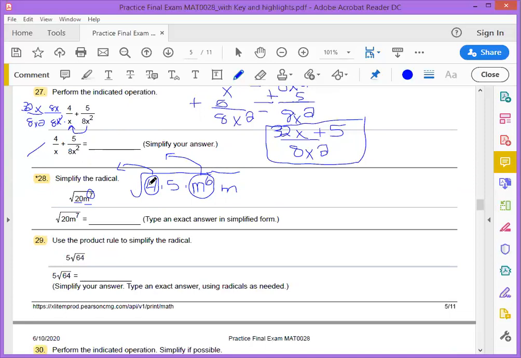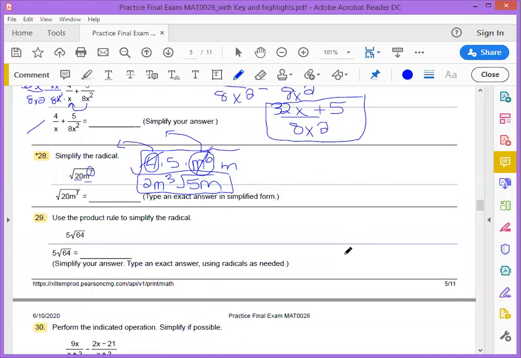So my square root of 4 is moved outside. That becomes 2 outside of the square root. And m to the 6th, when we take the square root of m to the 6th, how many sets of 2 is in 6? That's m to the 3rd power. So these two terms we moved outside. What's left underneath the square root is 5 and m. This is our answer. 2m cubed times the square root of 5m.